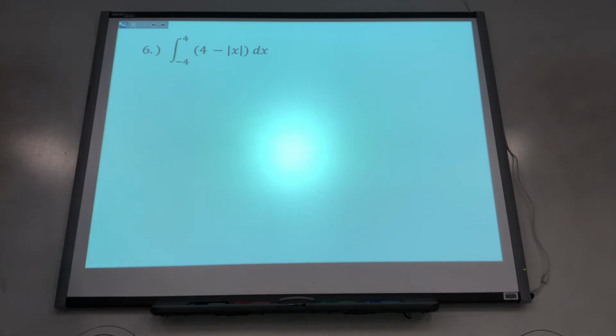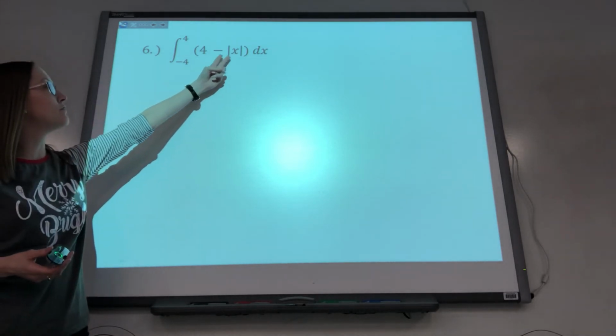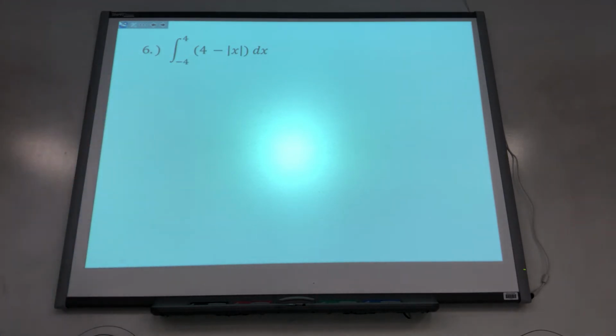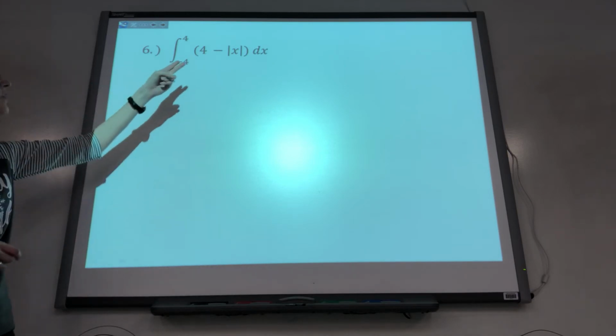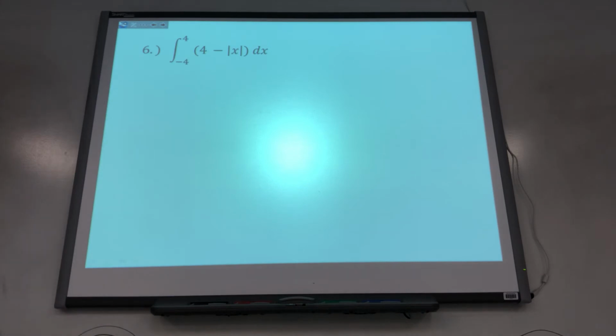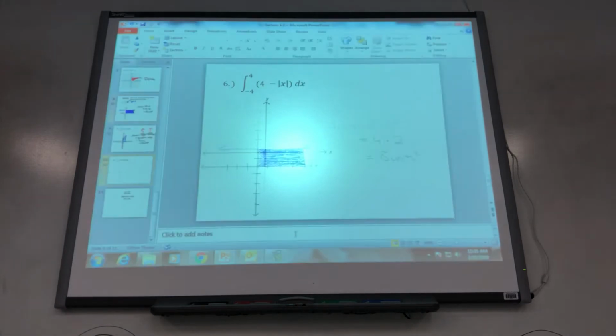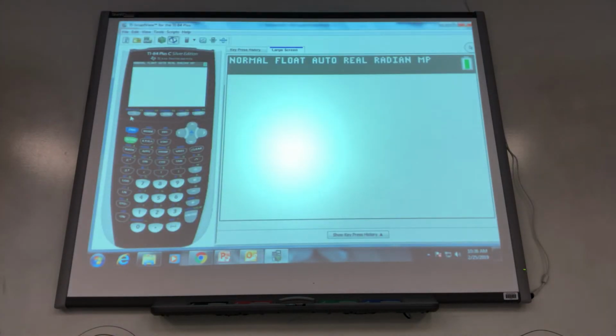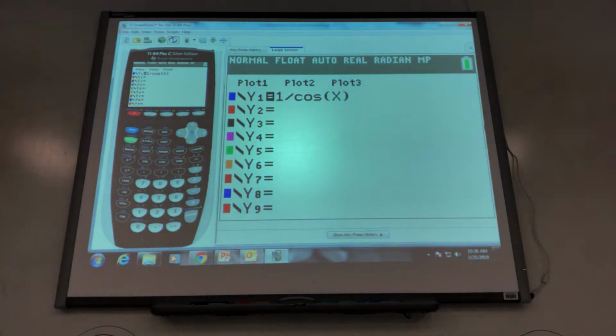Now, if you can't remember what absolute value looks like, I mean, absolute value is a v, so this one would just be flipped and then shifted up 4. If you can't remember all that, feel free to use a graphing calculator.